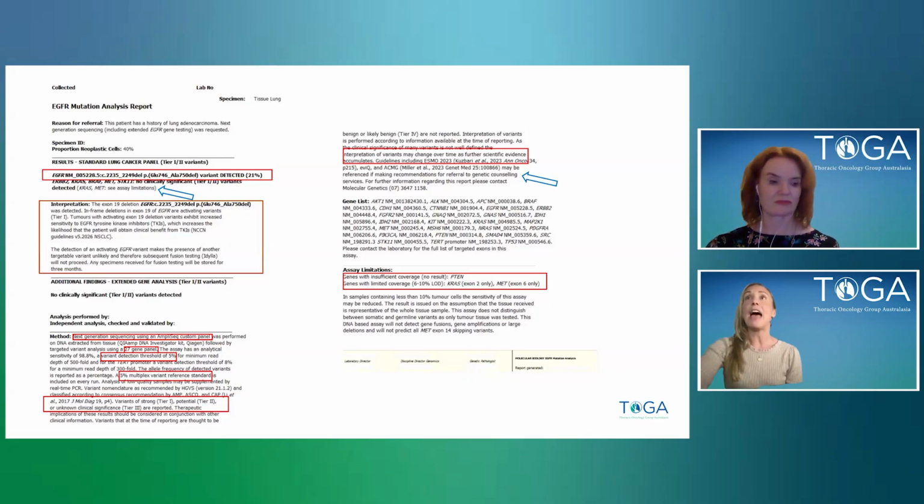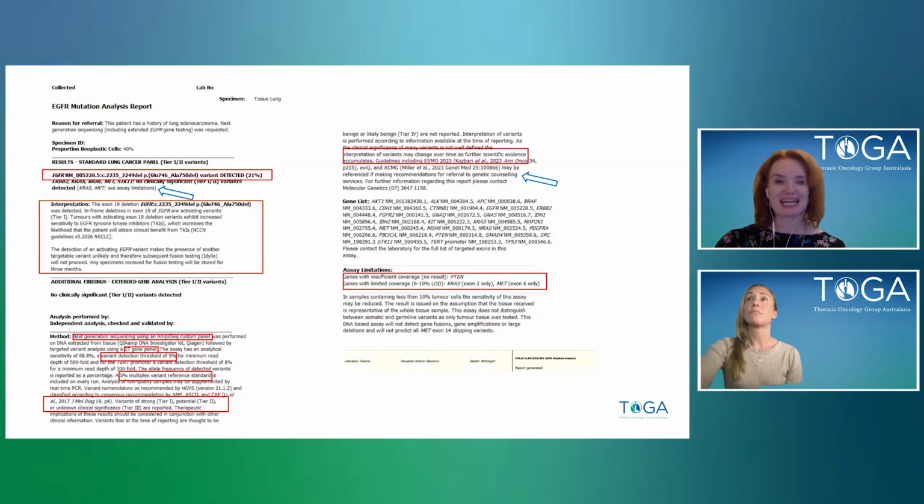So you're going to need to have that variant present in a higher number of cells within your sample to be able to find it. And it will be somewhere between 6 to 10%, whereas the usual limit of detection is 5%. So really important for everyone to realise that the assay limitations are important because you may get a false negative result, particularly if there is one gene of interest for your treatment.